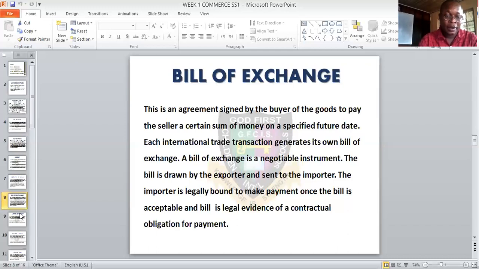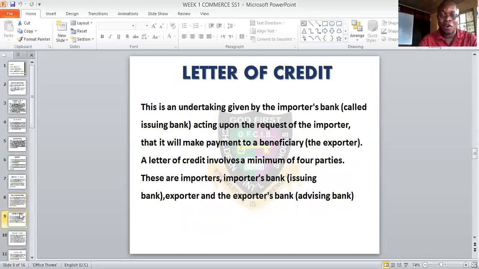Then the next one is the letter of credit. A letter of credit is an undertaking given by the importer's bank, and this bank is also called the issuing bank.